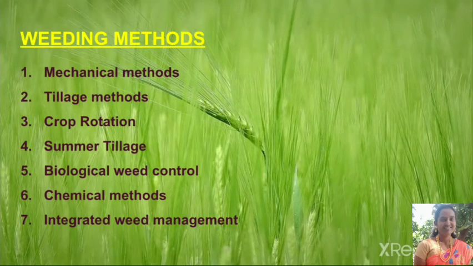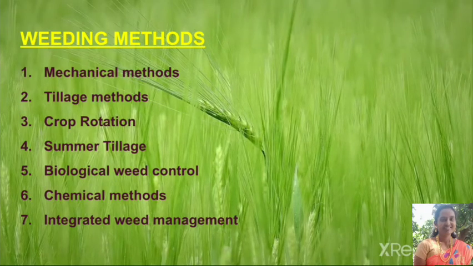Biological weed control method. In this, bioagents like insects and pathogens are used to control the weeds. In chemical method, the chemicals used for killing the weeds are called as the herbicides. These chemicals are mixed with water and sprayed over the crops.